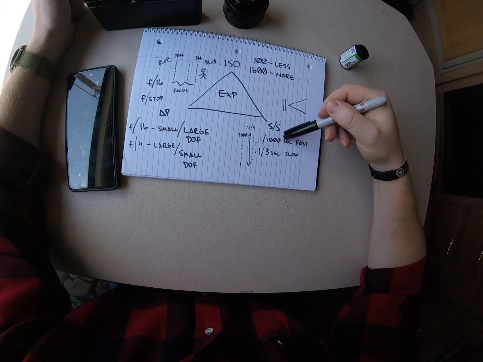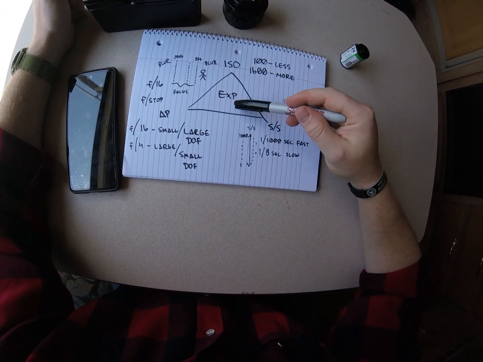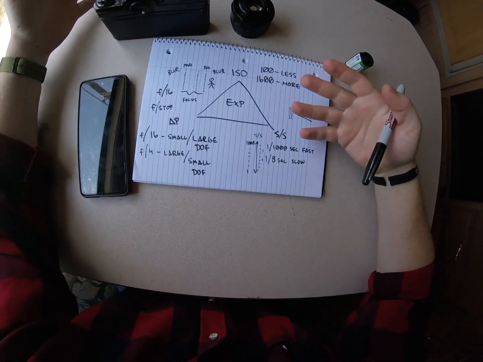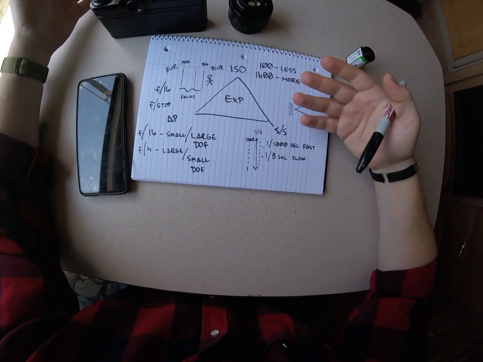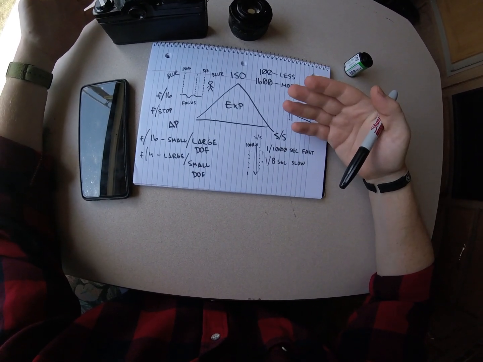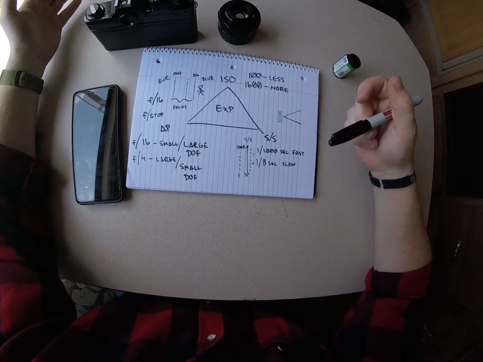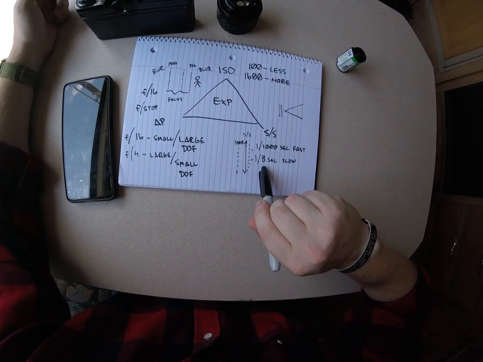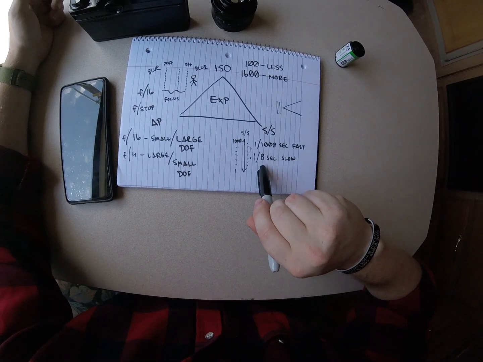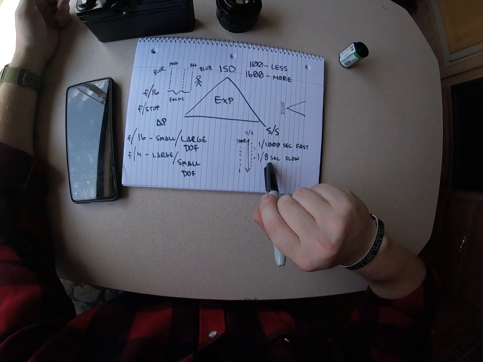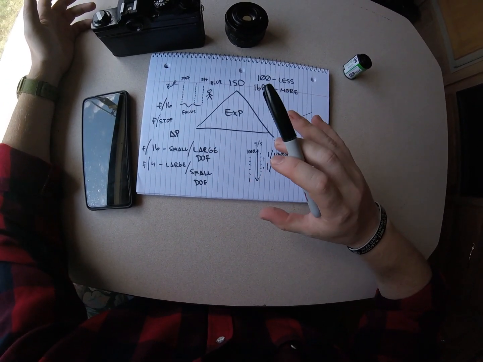So the shutter, to accommodate and get a balanced exposure, it's going to want to let light in for longer, because you're not letting that much light in. So it needs to accommodate by increasing the amount of time that the light is hitting the film. So it'll lower it to a 1/8, let's say, shutter speed. Well, you don't really want that because it's going to make your photo really blurry.